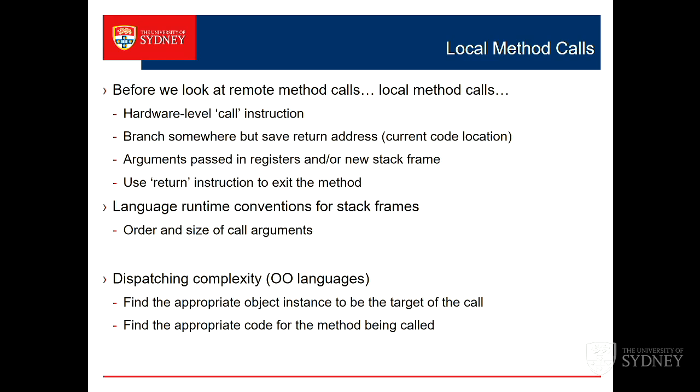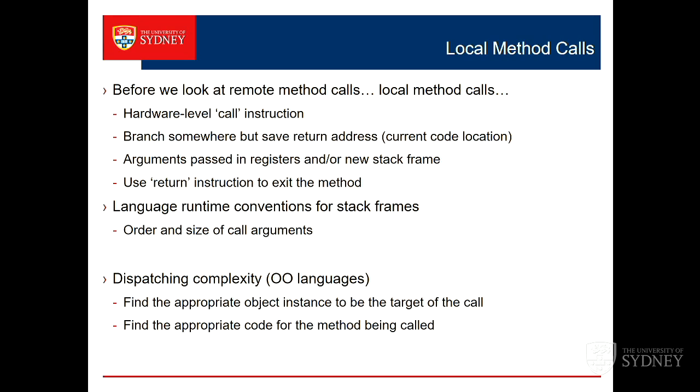And we'll have some agreed way of passing arguments to the piece of code we're jumping to. We might put them on a stack or pass them in registers, and then we run this code, and when we're finished, we use another special hardware instruction which says return, and that takes the saved return address and jumps back to there. So that's how ordinary method call and return work.